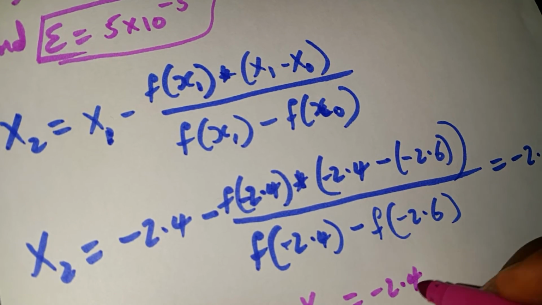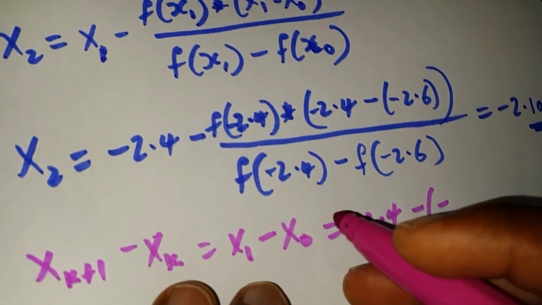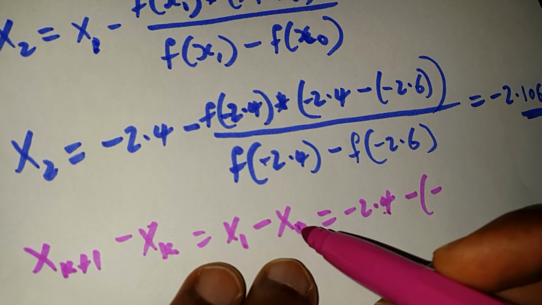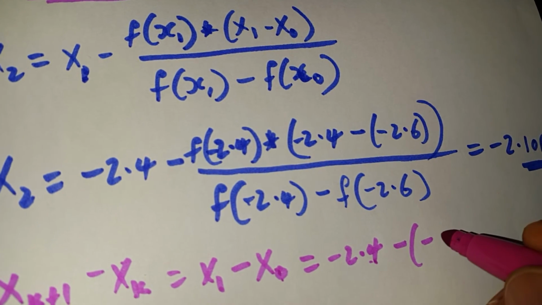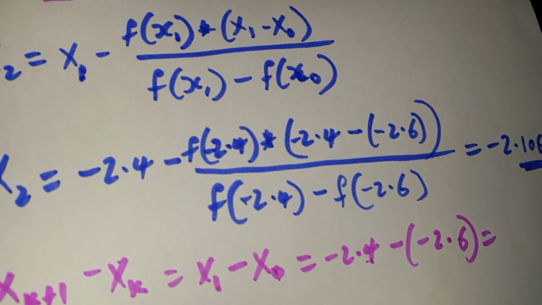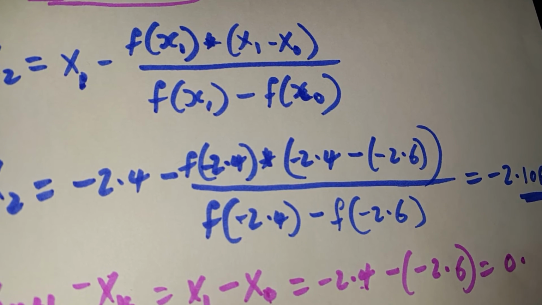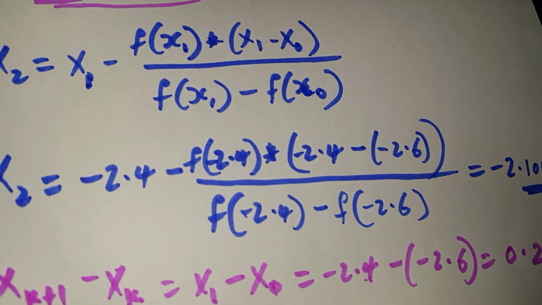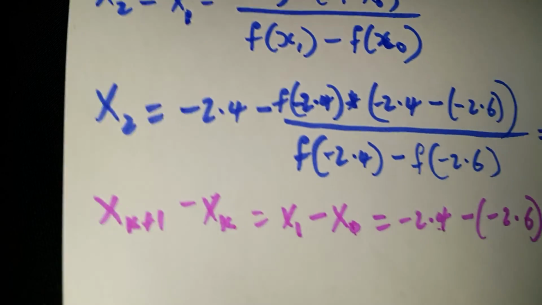Minus our x0, which is minus 2.6. From here, our first error is 0.2. Okay, this is our 0.2, our first error.